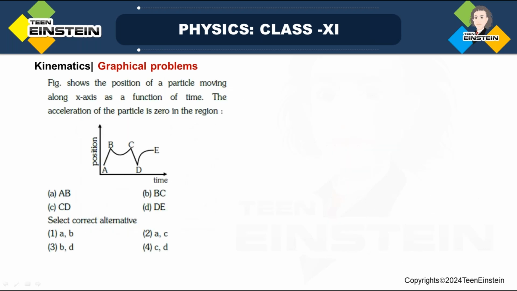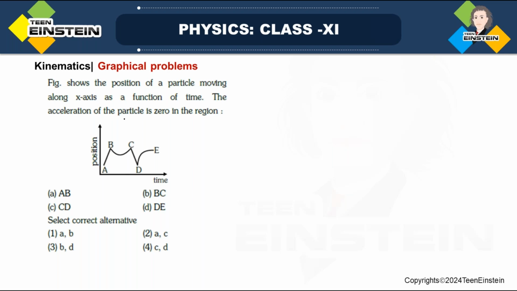Yes, so what is this problem saying? This problem says the figure shows the position of a particle moving along x as a function of time. So the position, which is moving along the x direction, is a function of time, as you see here. With time, position changes in different ways.